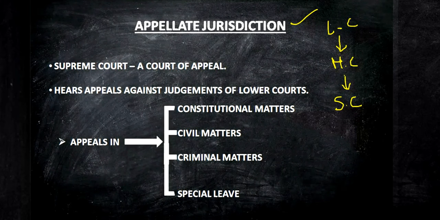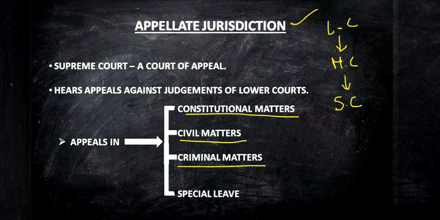Some issues fall under the constitutional matters, and some cases fall under the civil matters. Some other cases fall under the category of criminal matters. And there is one fourth important thing, that is appeal by special leave. This is a very special way of appealing.